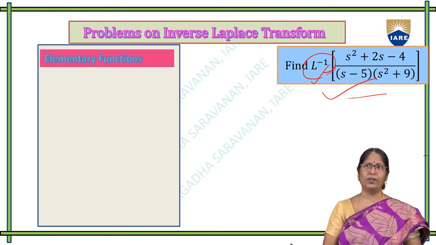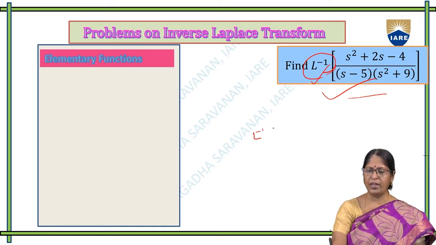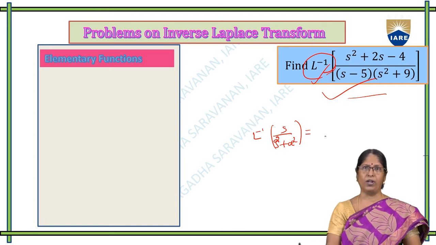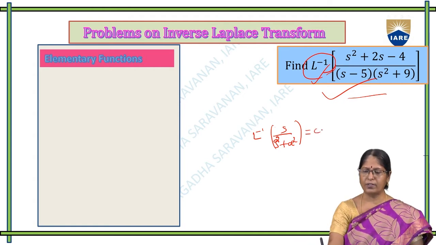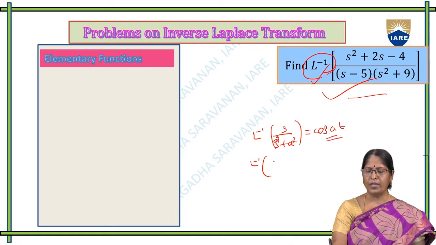The first one, we are thinking elementary functions. The elementary functions, we know, are small formulas: L inverse of s by s square plus a square is the standard formula, that is cos at. Similarly, L inverse of a by s square plus a square is sin at.